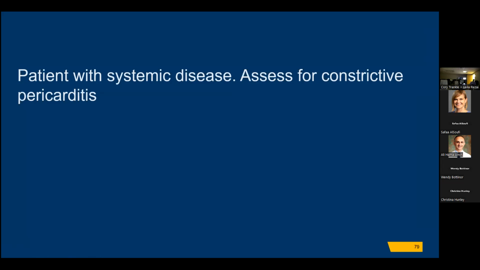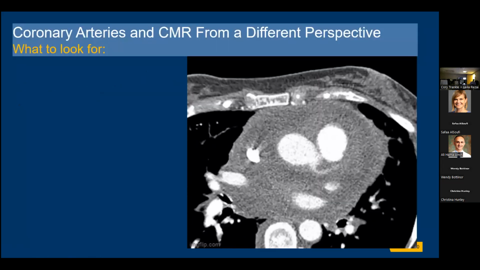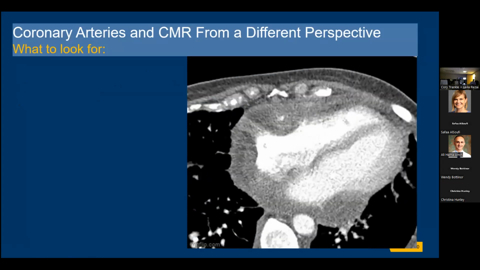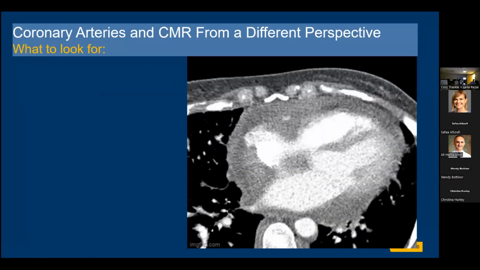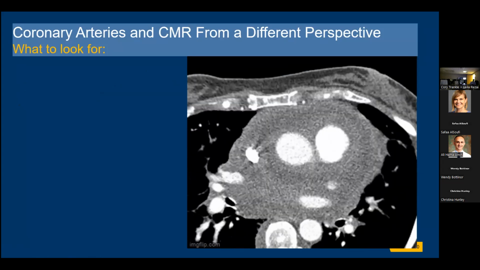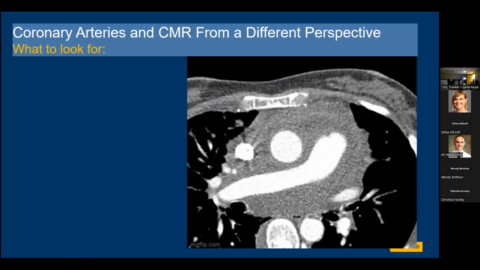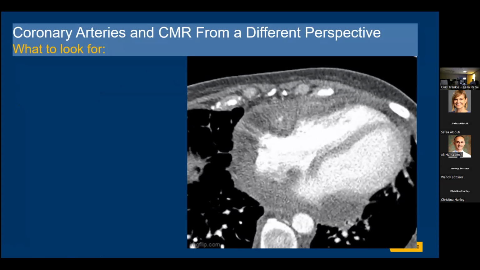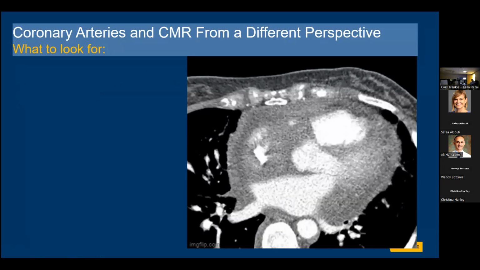All right, so this patient has a systemic disease, and he was referred for assessment of constrictive pericarditis. This is a CT, very abnormal looking. Looks like we have tremendous infiltration of the epicardial and pericardial spaces with some sort of hypodense soft tissue.